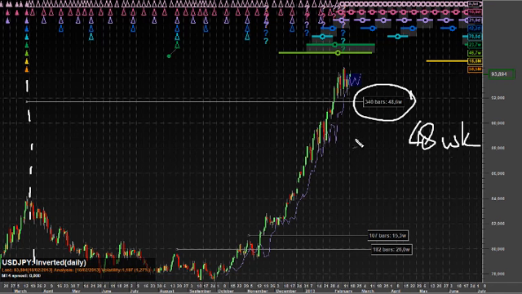And so one of two things is happening here. Either there was a hidden 40-week cycle peak somewhere back over here, a possible one, and the market is now heading up towards the 18-month cycle peak, or in fact the market is round about now forming the 40-week cycle peak.